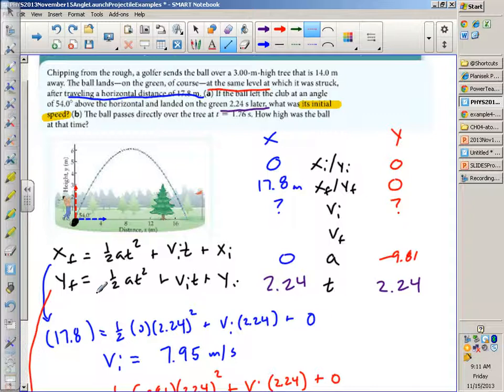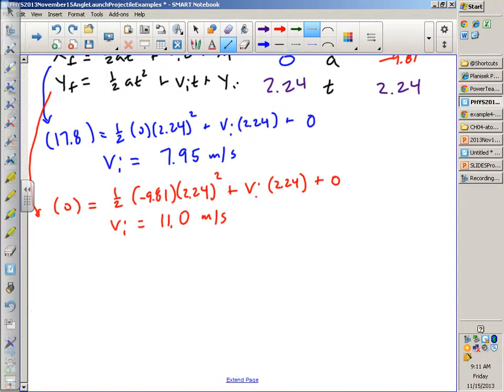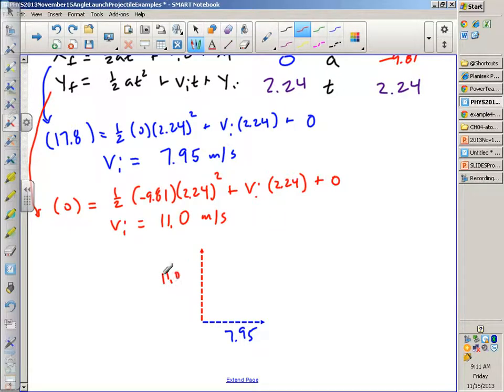We said that if it's traveling in those two directions at the same time, the actual speed is the resultant of those two. So we know that this is 7.95, and this is 11.0. To find the resultant, what are we going to do here?